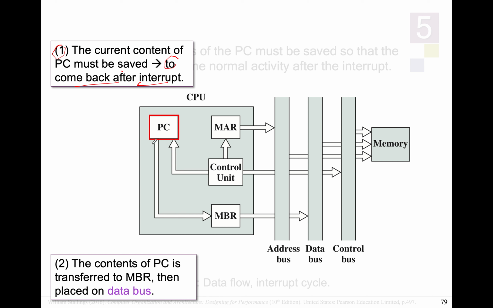Then for step number 2, you're going to store it in memory through the data bus. If you restart your Microsoft Word, you're going to have the file inside your memory, and you can just transport it back. This is what happens when there is an interrupt.